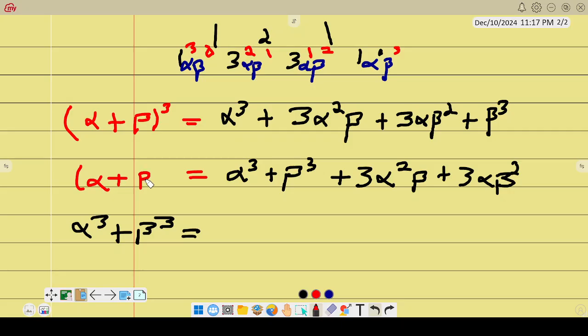This is what we expanded using Pascal's triangle. So this is equal to that. Are you seeing? So we say it's equal to alpha plus beta power 3.